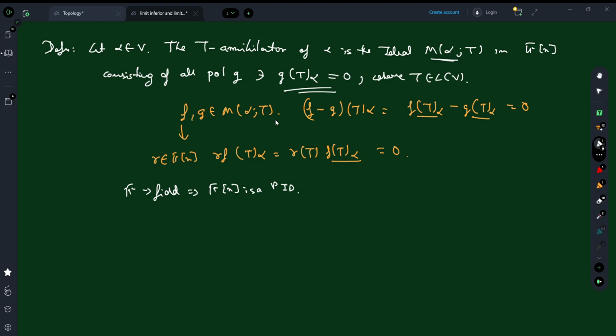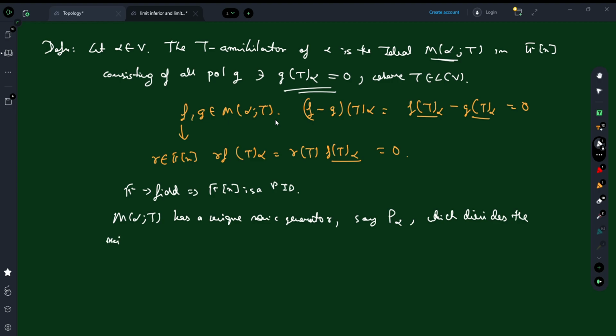What I'm trying to say is that M(alpha; T) has a monic generator, say p_alpha, which divides the minimal and characteristic polynomial of T. And I just explained why.